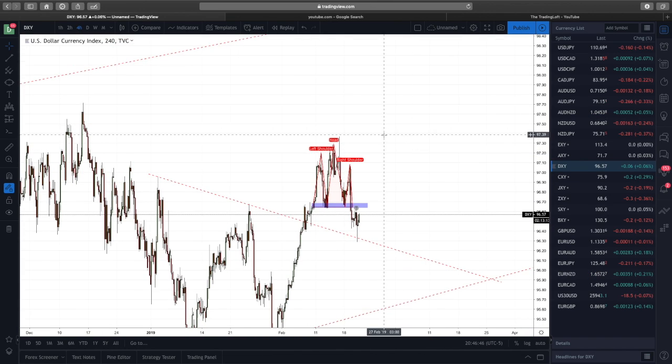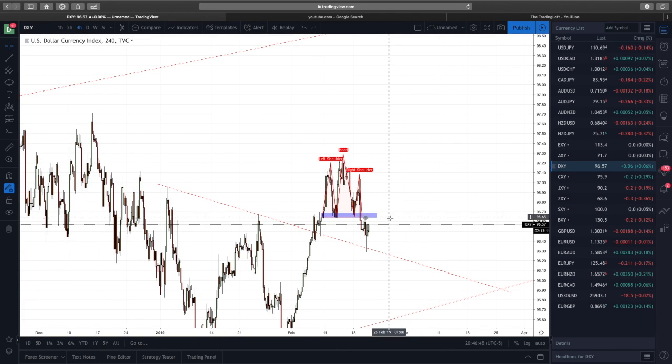The only thing I could possibly see stopping this from rising higher is maybe this support area that was previously broken, because now it's considered our resistance. So we'll just have to see over Thursday and Friday what happens.